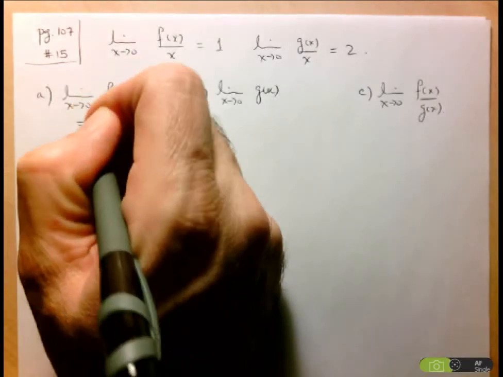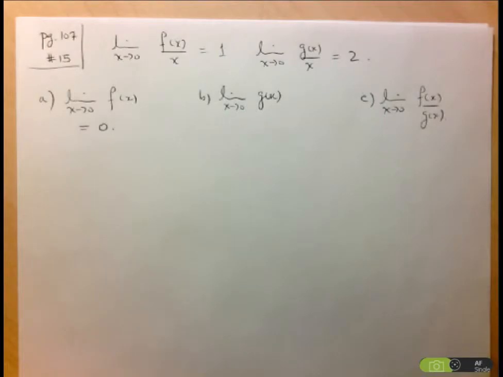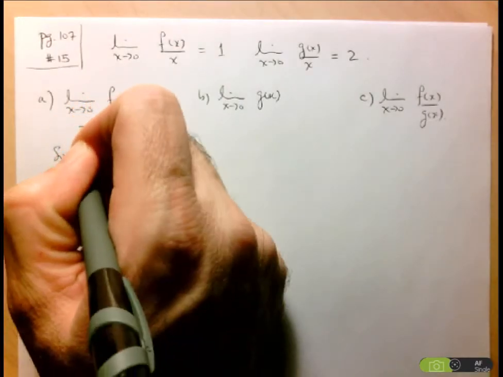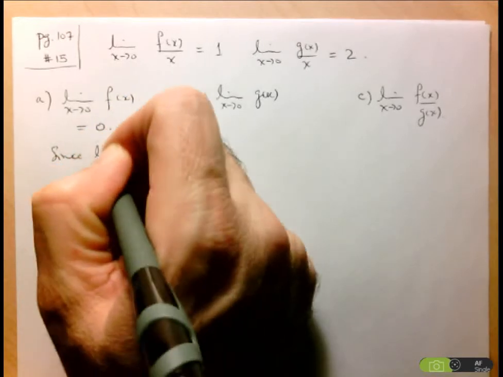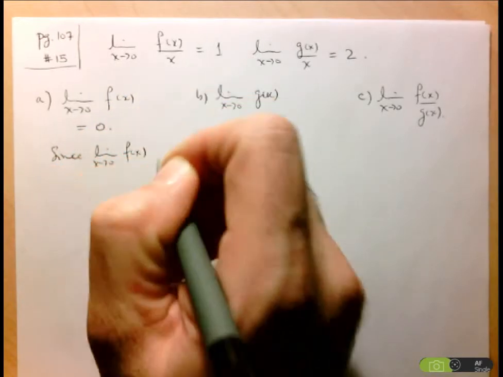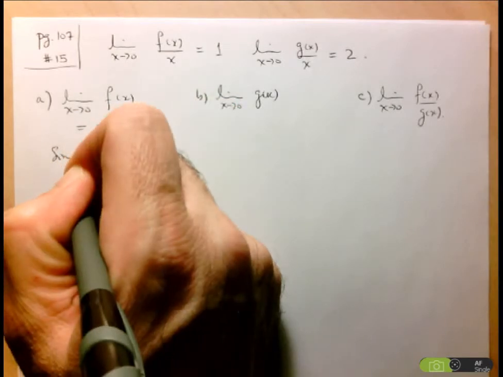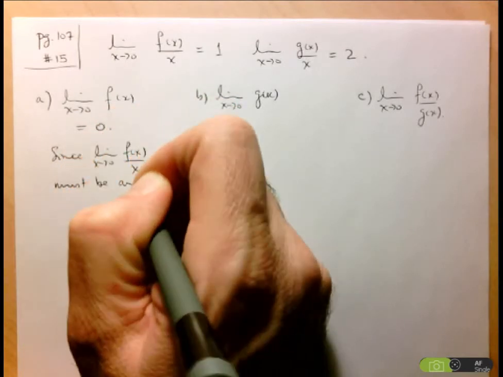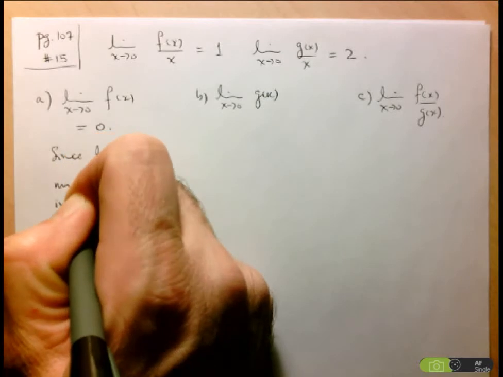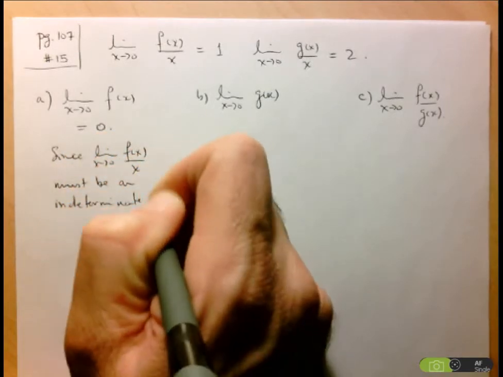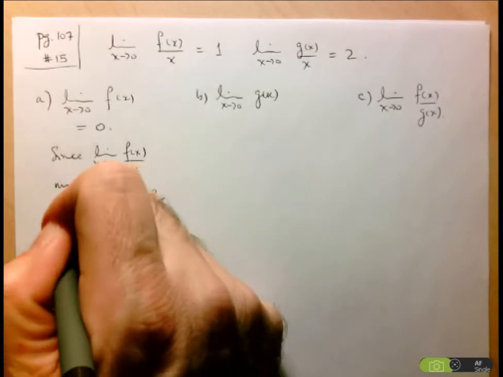So from that argument, we can say that the limit of f of x as x approaches 0 must be 0, since the limit as x approaches 0 of f of x over x must be an indeterminate form for the limit to exist.